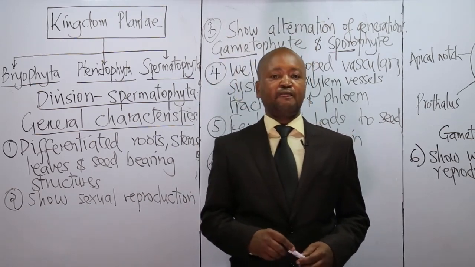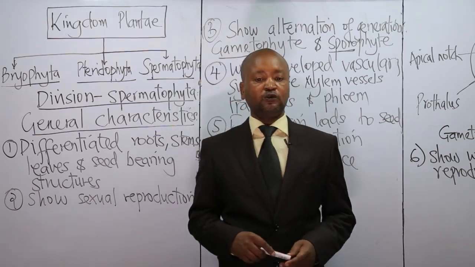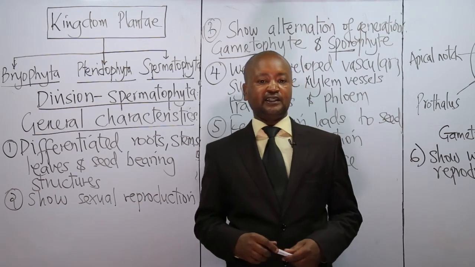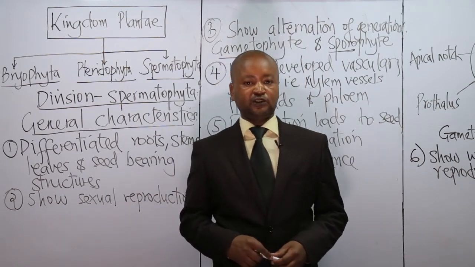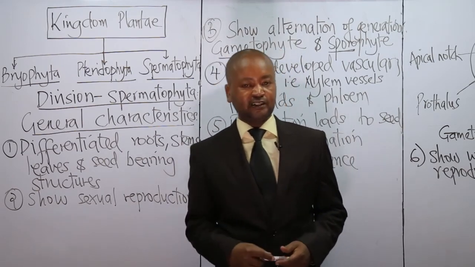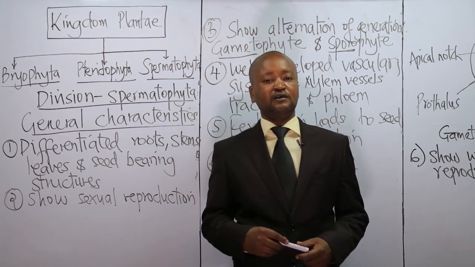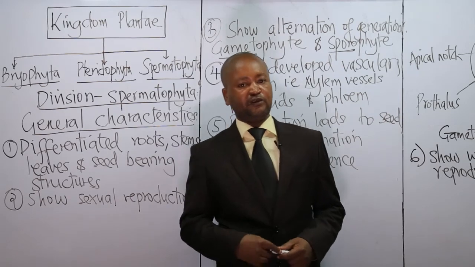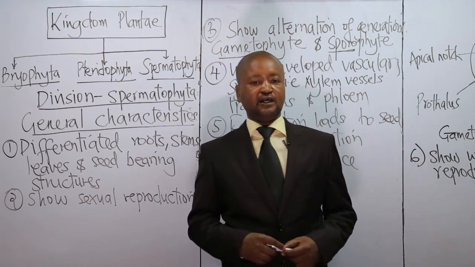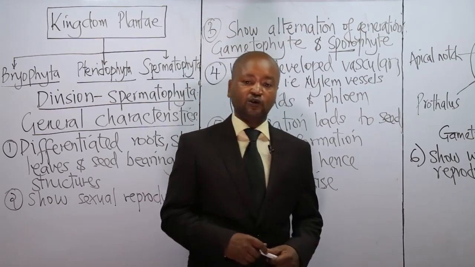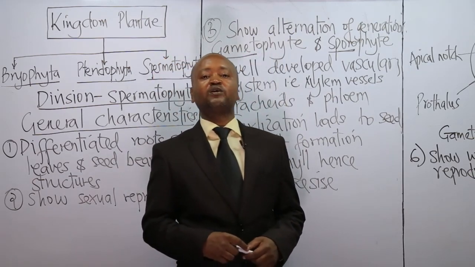And then earlier on, we looked at Bryophyta as we started the lesson, and we pinpointed that Bryophyta is more advanced than Pteridophyta because some members have roots, stems and leaves, even though they don't have flowers. Then there are structures that are very important to note, which bring about alternation of generation.